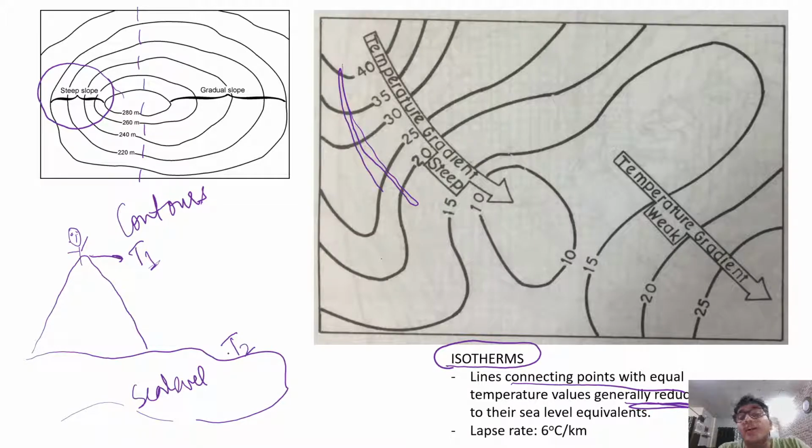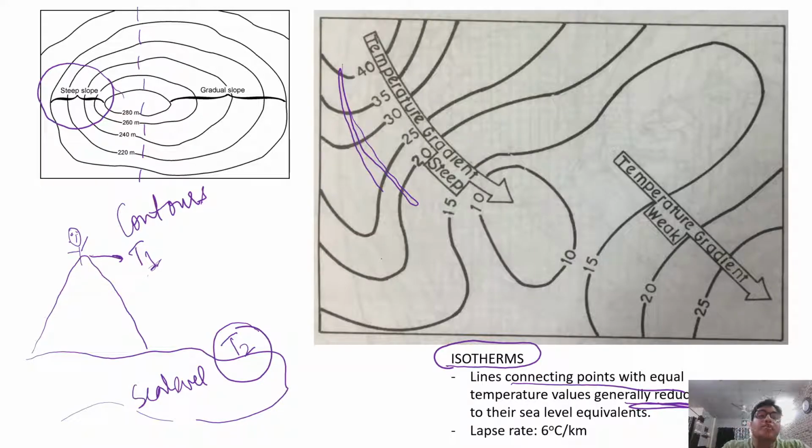So in the isotherm map, this temperature will be recorded, not this temperature, because this temperature has to be reduced to its sea level equivalent.